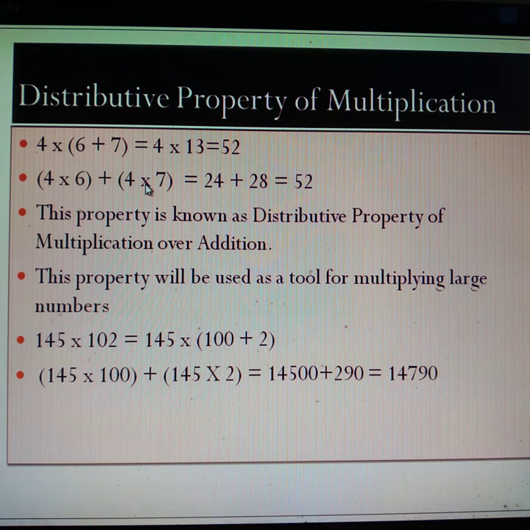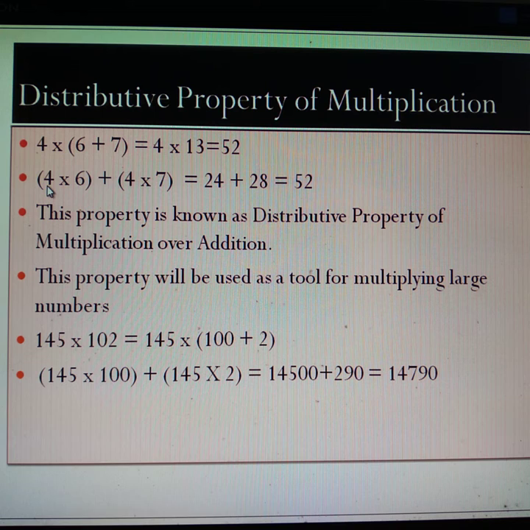If we expand this bracket, so what comes? 4 multiplied by 6, then the sign, this sign should be here, and in other bracket 4 into 7. So this can be distributed into this form, 4 into 6 plus 4 into 7.